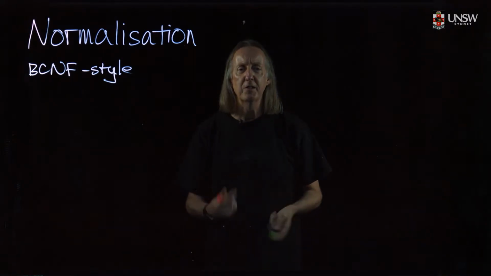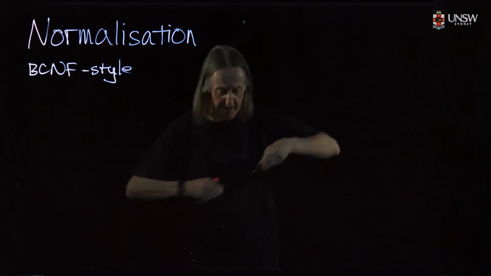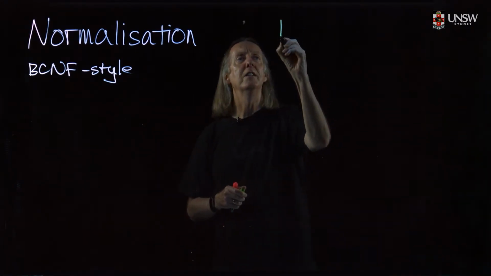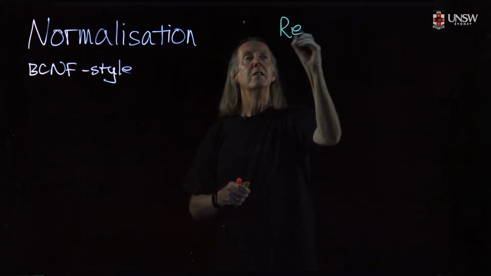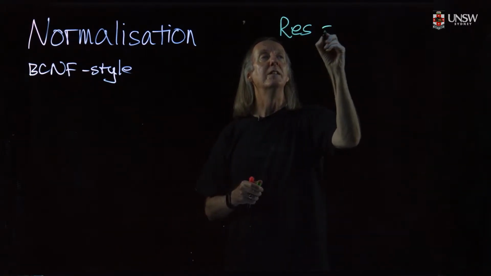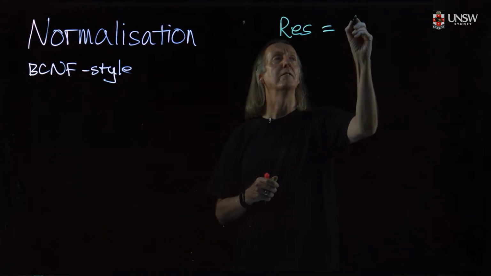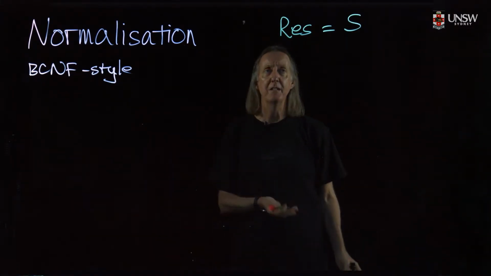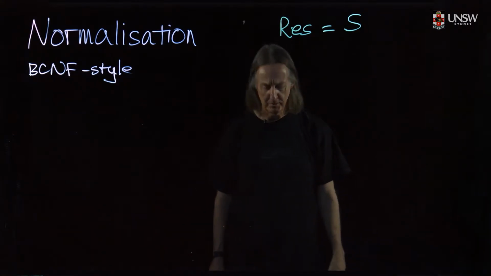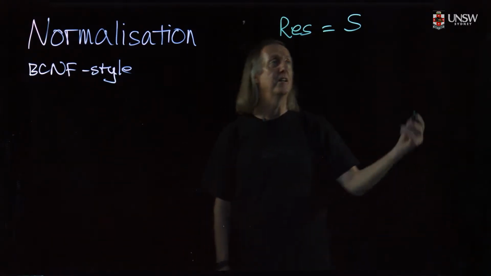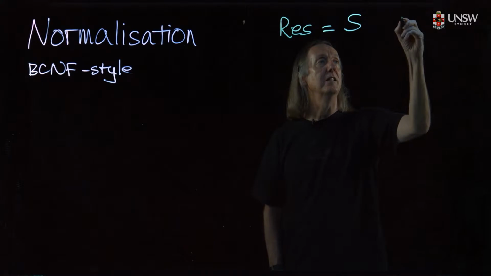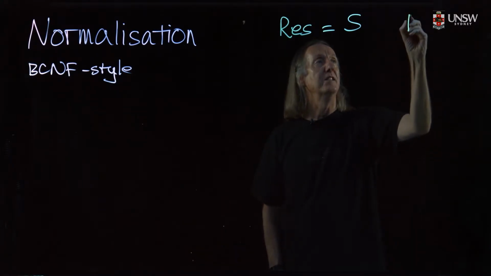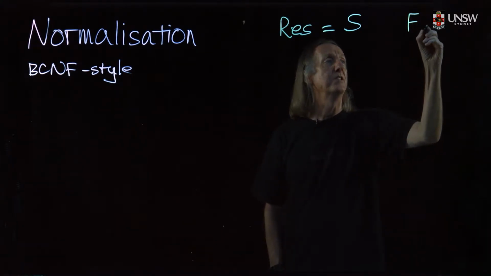So can you express that algorithmically? And yes, you can. So if we start and assume that our result schema, so we'll call that res, is our original schema. So the original schema S that we're given happens to already be in BCNF. The other thing that we have to be given, of course, is the set of functional dependencies.